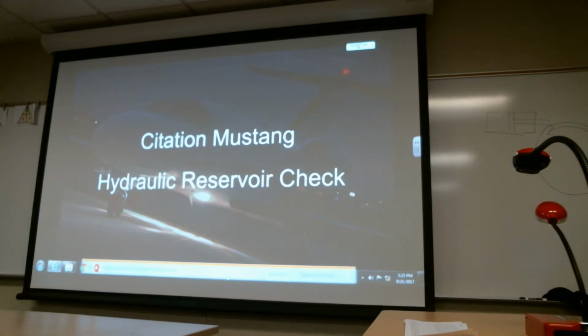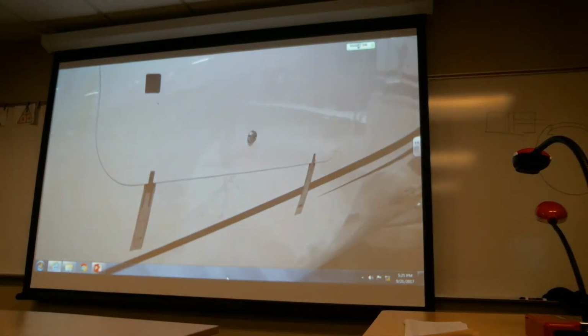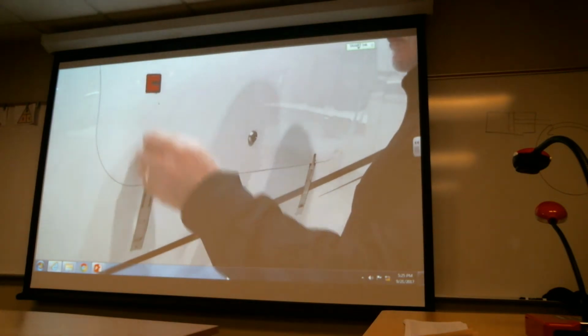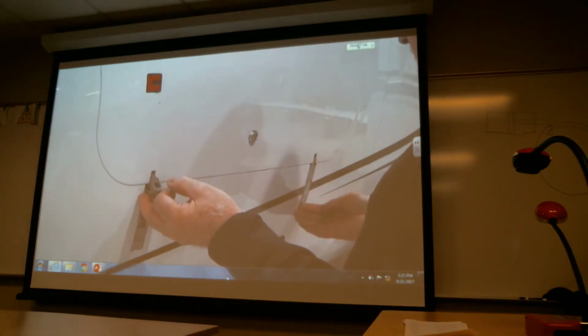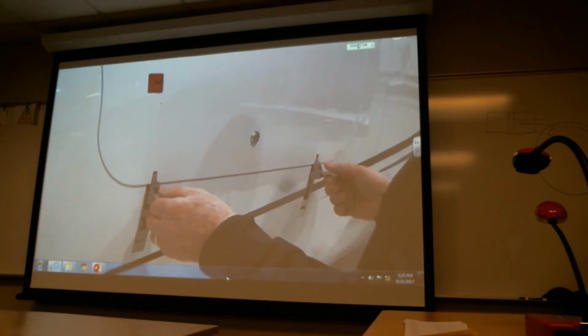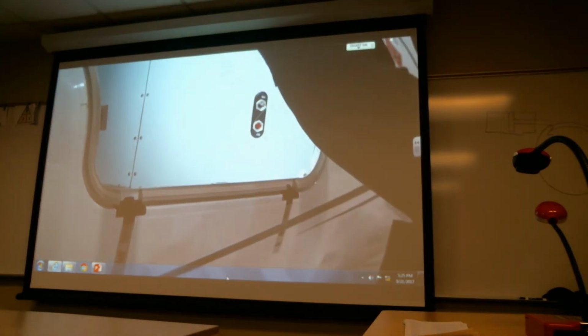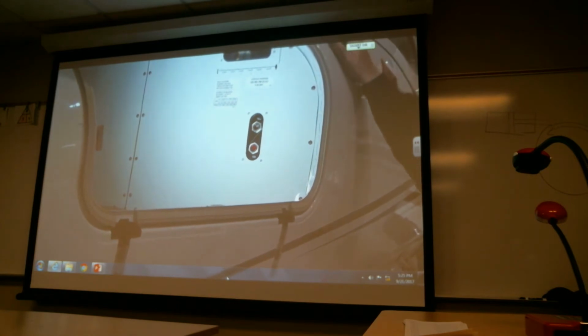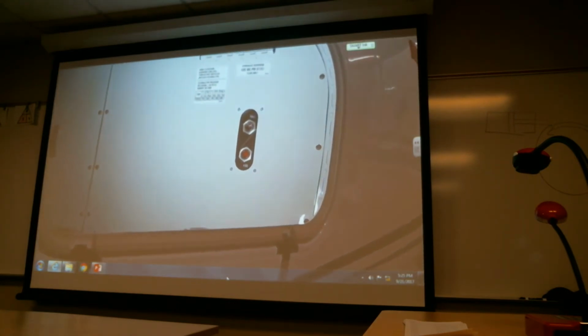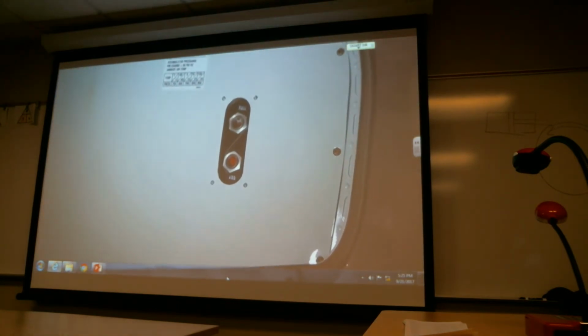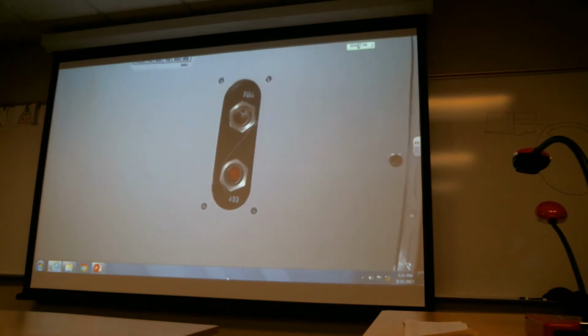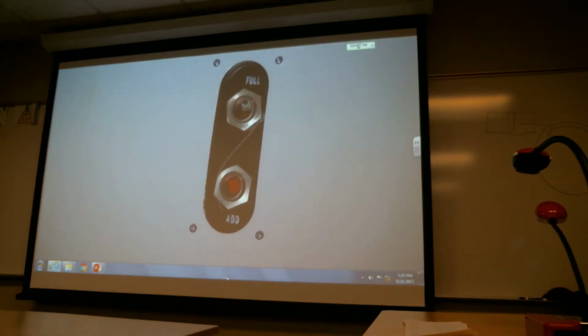The hydraulic reservoir fluid level should be checked during pre-flight to ensure adequate hydraulic fluid is available for the operation of the landing gear and brake systems. The hydraulic reservoir is located on the forward pressure bulkhead. To access the reservoir, open the left nose baggage compartment door. Proper fluid level can be determined by visually checking for the presence of hydraulic fluid in the full and/or add sight glasses.